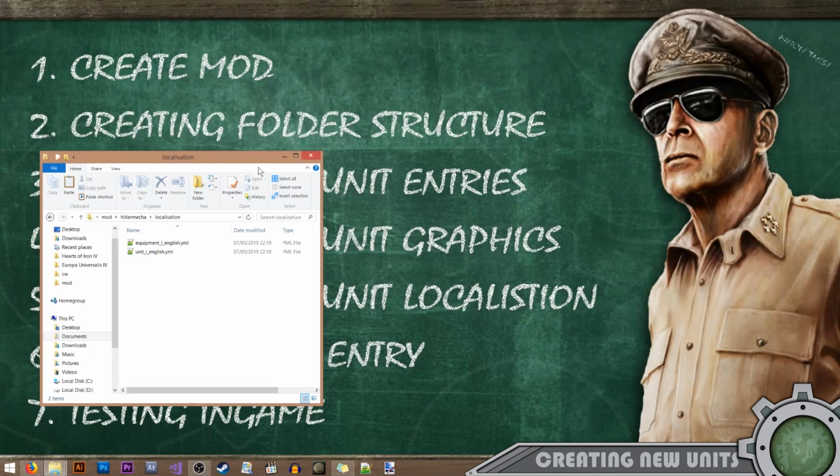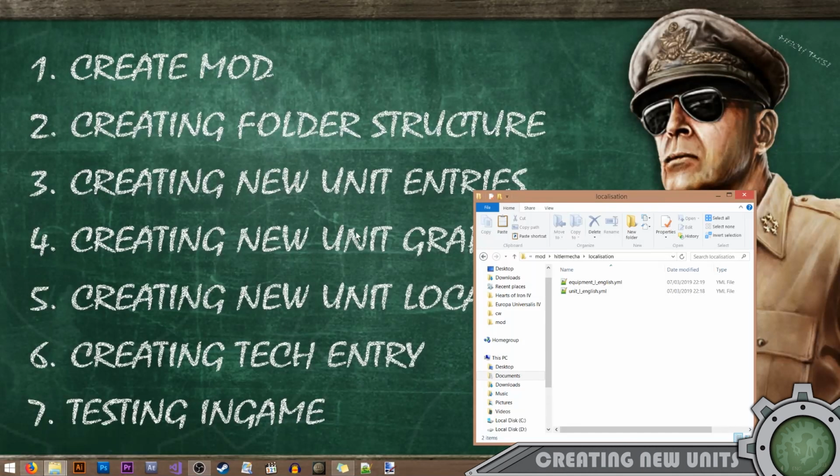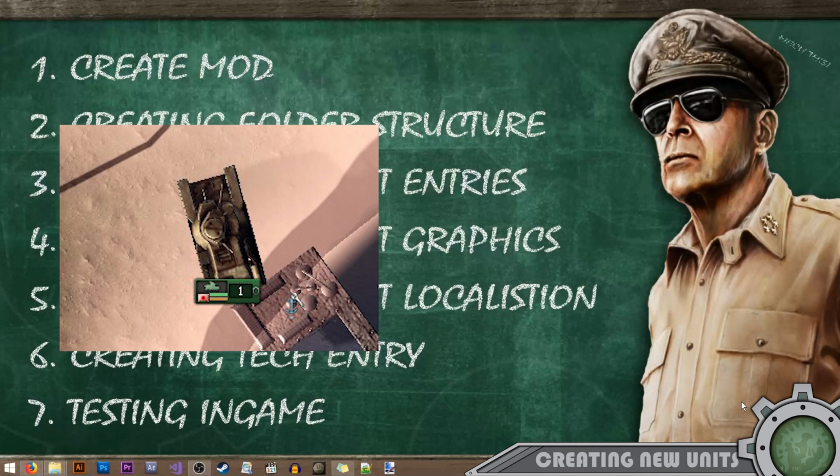Now we have all the files and we have all the folders, and we can move on to step number 3. Creating new unit entries. In step number 3, we will be creating our unit files. Now, it's very important that you understand that units in the game have, for the most part, 2 files that are related to them. There's the unit file itself, which is the unit on the battlefield that's doing the fighting. And there's the equipment file, which is the file responsible for the equipment that you build, right?